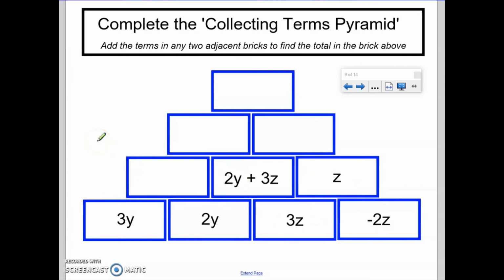So your task is to use that information and to continue and complete the pyramid by always adding the adjacent bricks together to create the total for the brick above. Okay, if you could pause the video at this point and complete the collecting terms pyramid.